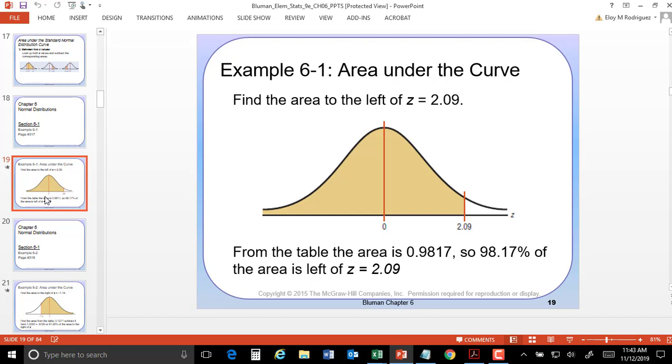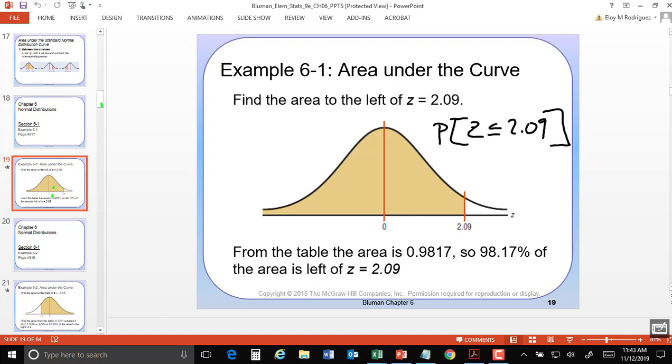We already figured it out. Now, what is the probability? How would I write that? I would write it like this. What is the probability that the random variable z is less than or equal to 2.09? This is how you write it, what it's saying. And you want to know what that area under the curve is.